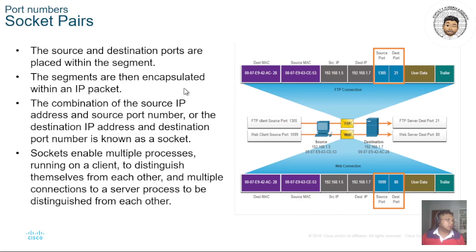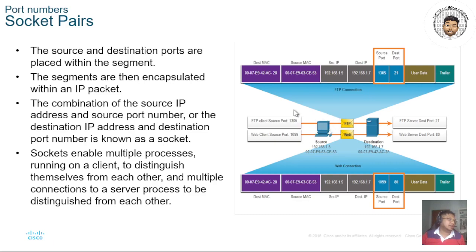Let's take a look. This is an Ethernet frame. You have destination MAC address, source MAC address, source IP, destination IP, source port, and destination port, and then you have user data, and then the trailer. This is an FTP connection, a file transfer protocol connection. The client source port is 1305.